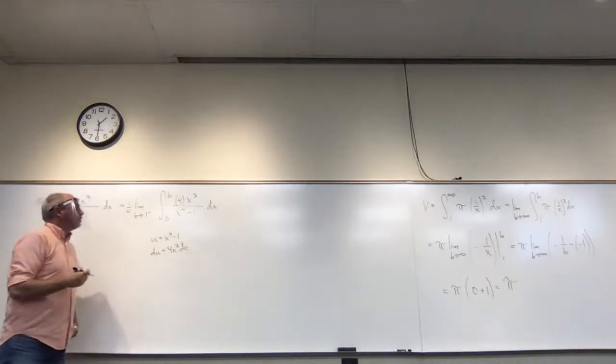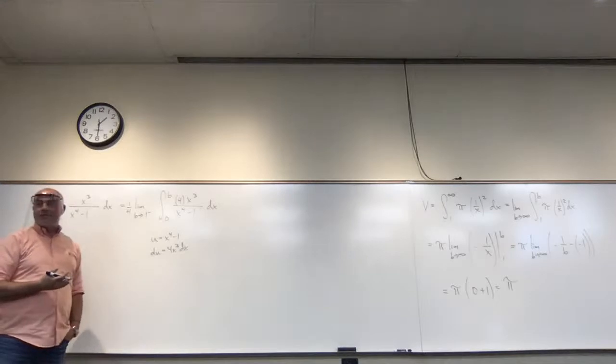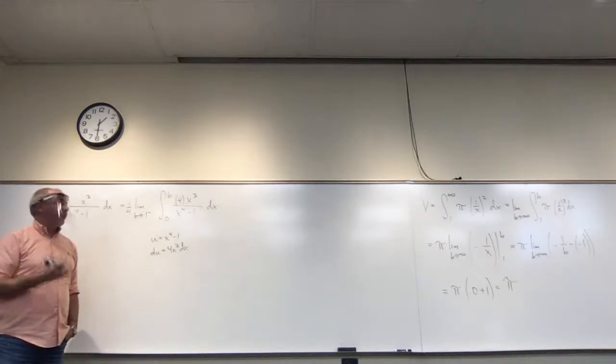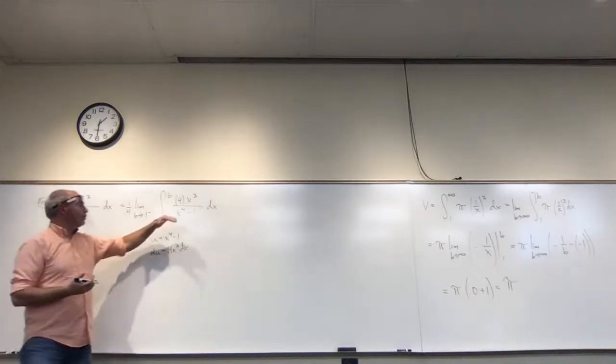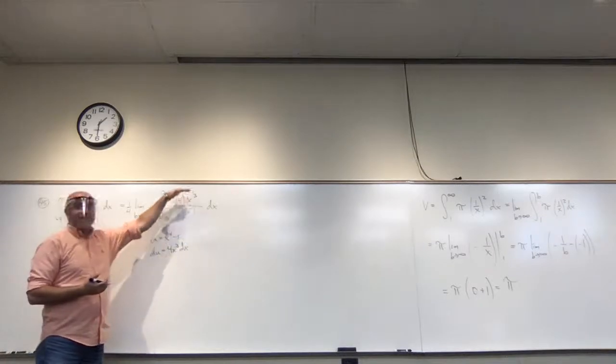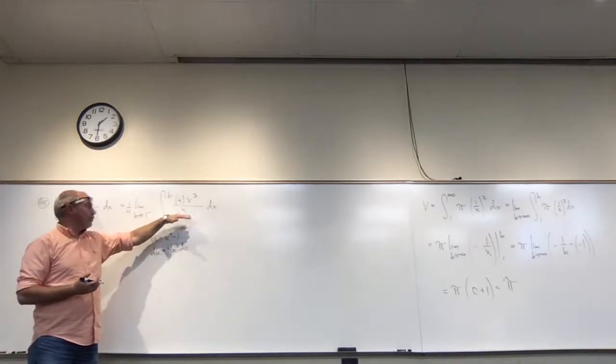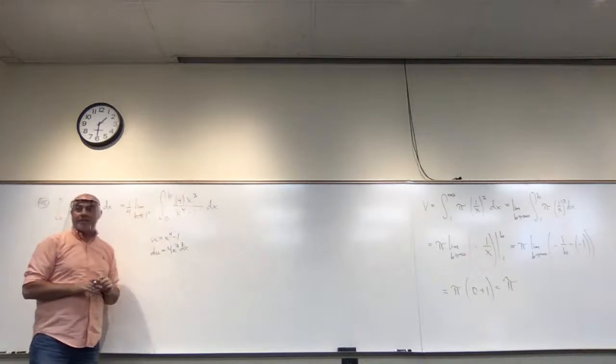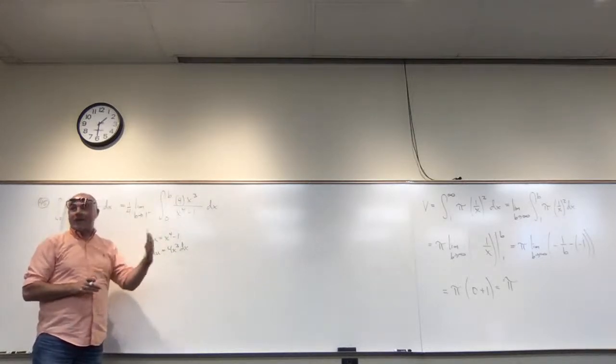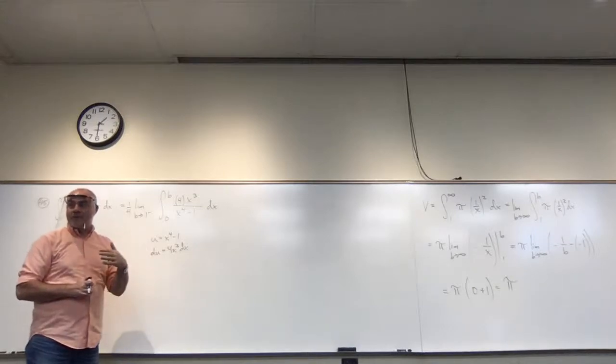And now I don't even know if I need to do a U substitution, only if I really, really want to, because I have the derivative of the bottom is the top. And whenever the derivative of the bottom is the top, what type is it? It's a natural log. The natural log of the absolute value of the bottom, right?